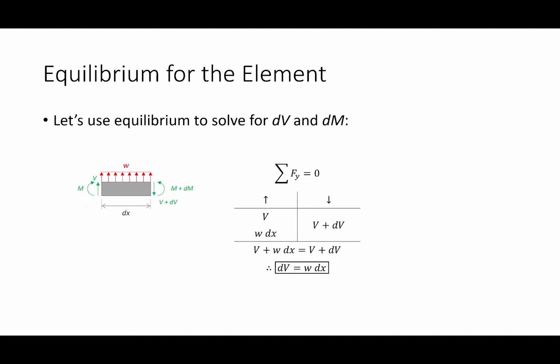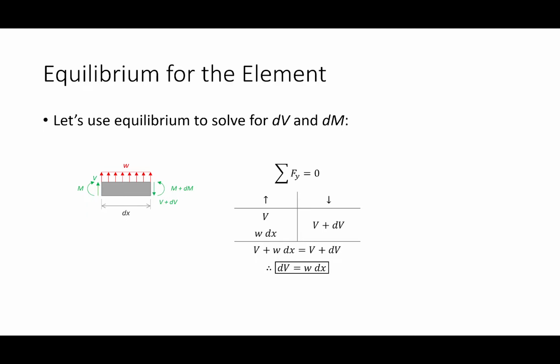Okay? So, here's what I mean by graphical approach. If I have a constant, uniformly distributed load, I propose that the shear diagram, which would be the integral, is a line. So think about it like this. If I have a constant load and a linear shear, then my moment diagram would be a parabola.